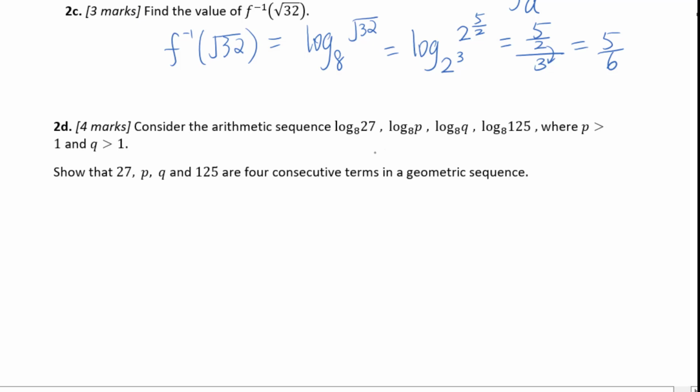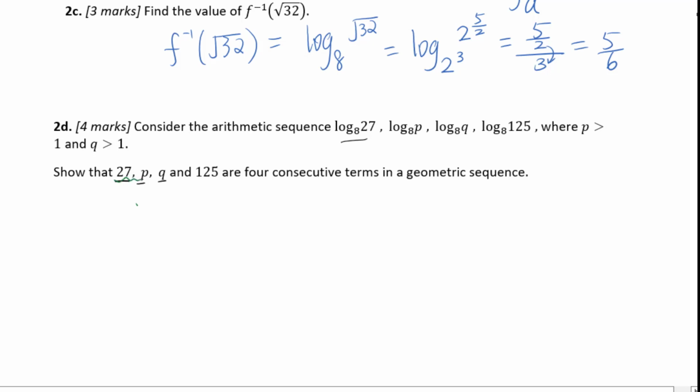For 2d, consider the arithmetic sequence log base 8 of 27, log base 8 of p, log base 8 of q, log base 8 of 125, where p greater than 1 and q greater than 1. Show that 27, p, q, and 125 are 4 consecutive terms in a geometric sequence.